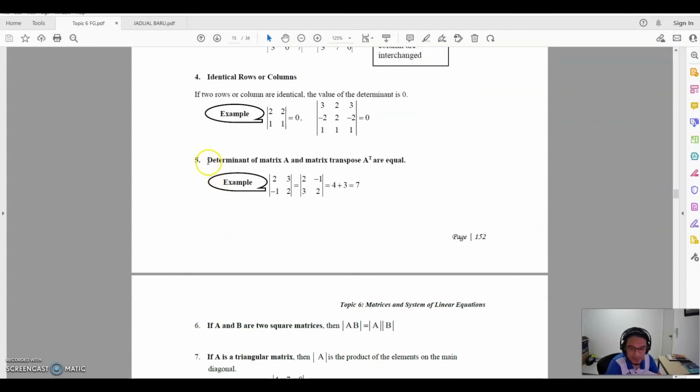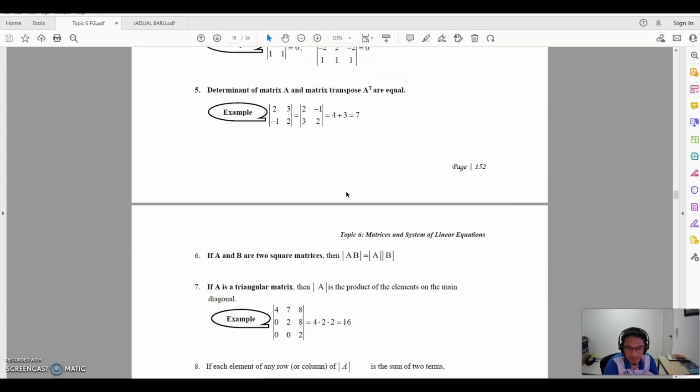Okay, then the fifth property, the determinants of matrix A and matrix transpose A^T are equal. Okay, if we have a transpose, for example, this is a matrix A and equal to matrix A transpose on the right side. As long as the elements in the matrix are the same, it will share the same determinant.